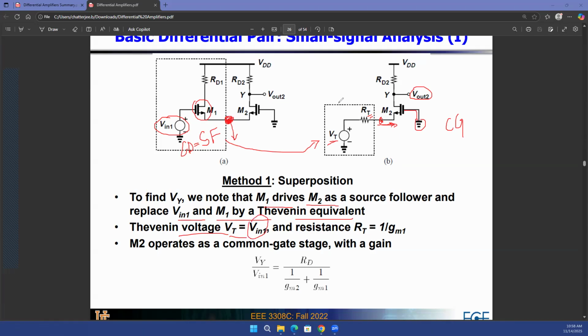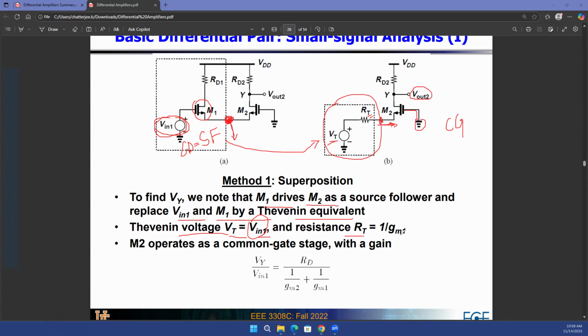And that's basically the Thevenin equivalent voltage that you are getting at the output of this equivalent Thevenin voltage source. You apply V1 at the gate of the M1 transistor, you get the same V1 at the source of the M1 transistor, which is the input to M2. So your Vt is equal to V1.